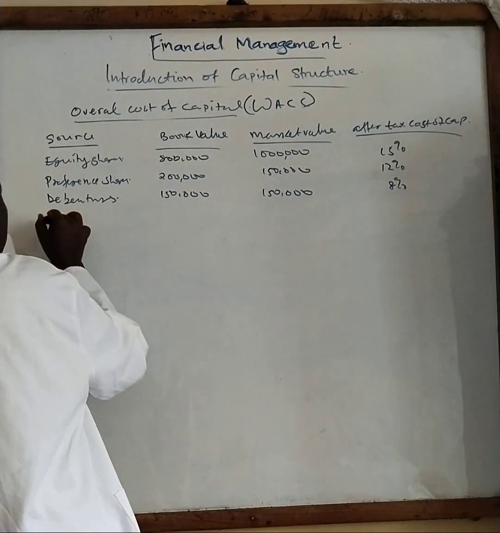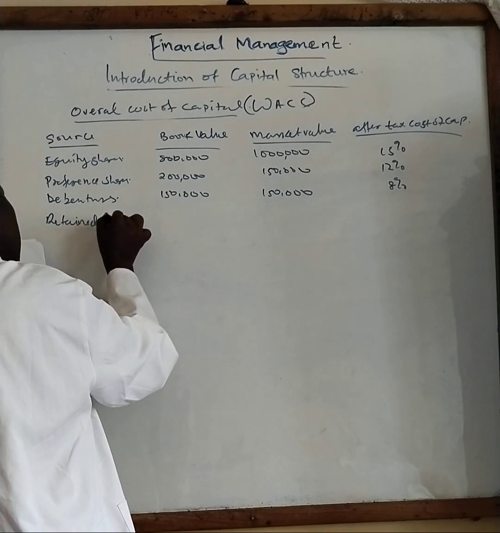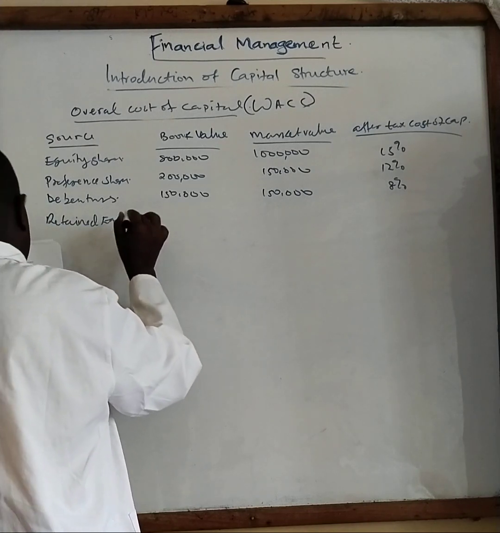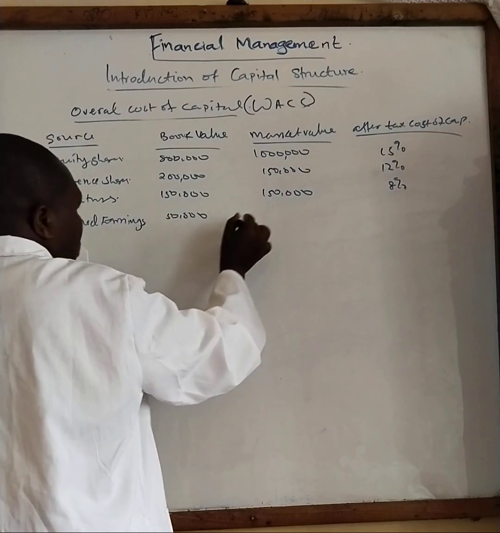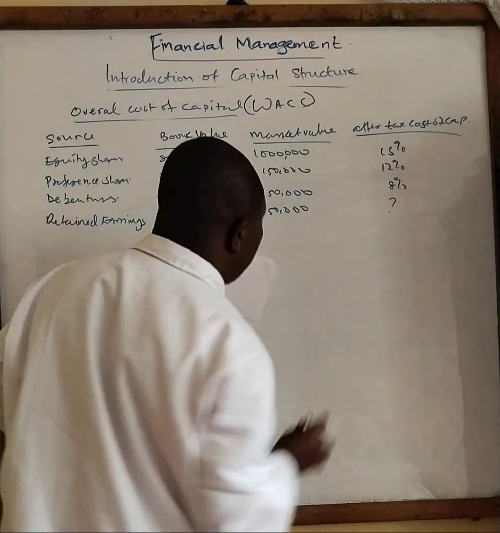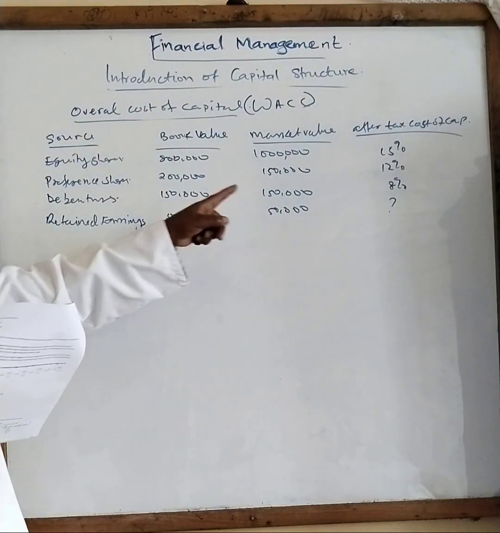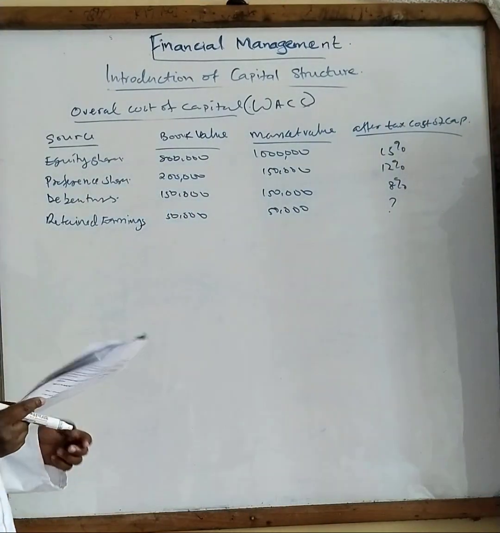Then we have retained earnings, in this case 50,000, and also 50,000 for market value, but we have not been given the after tax cost of capital for the retained earnings.